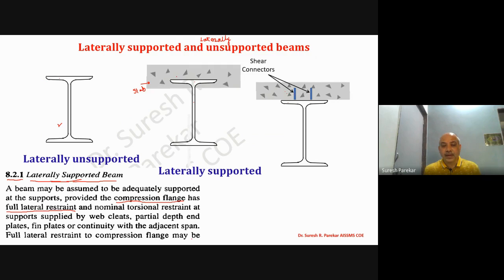So this is the second part of your sheet number 4. We need not write down all this; you can just write the clause number 8.2.1. This is more than sufficient.